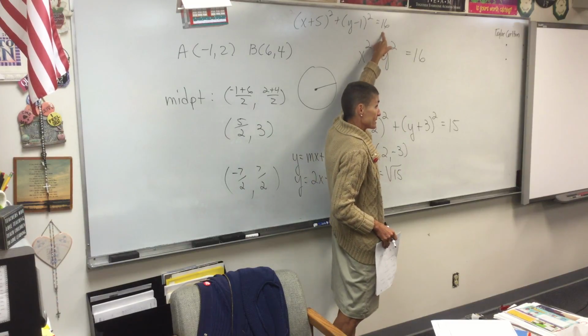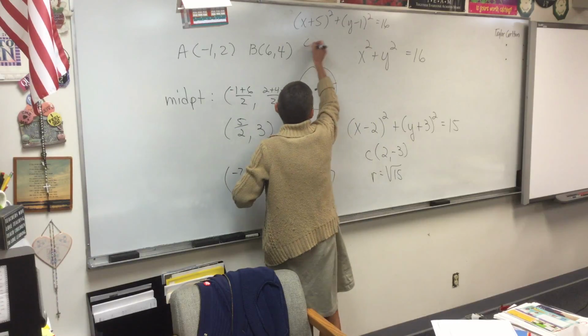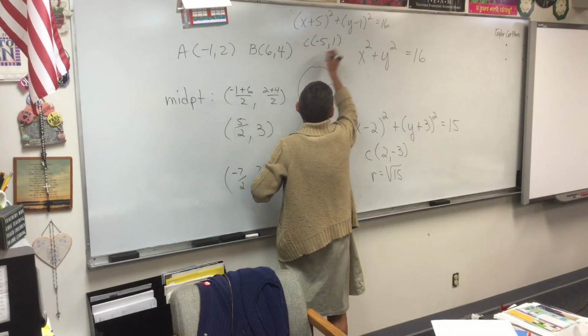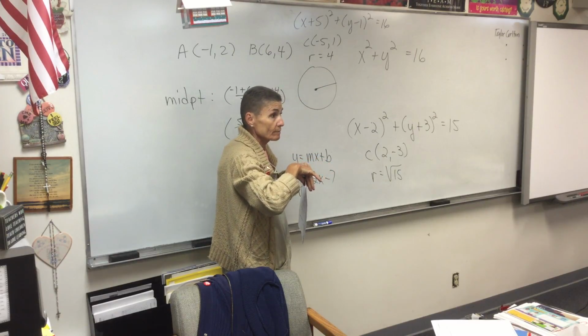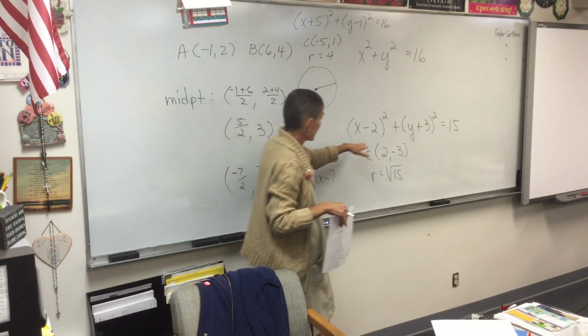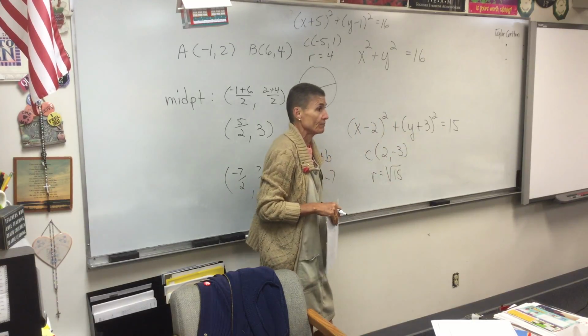So the square root of 16 is 4. So this one would have a center at negative 5, 1 and a radius of 4. This one has a center at 2, negative 3 and a radius of root 15.